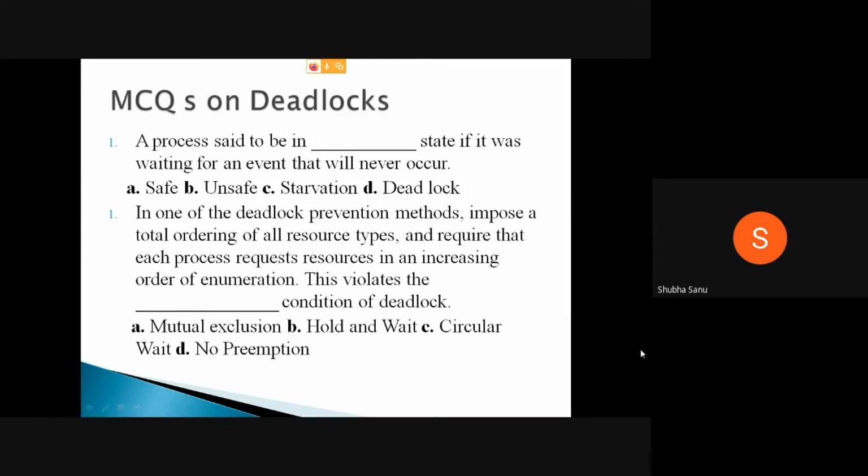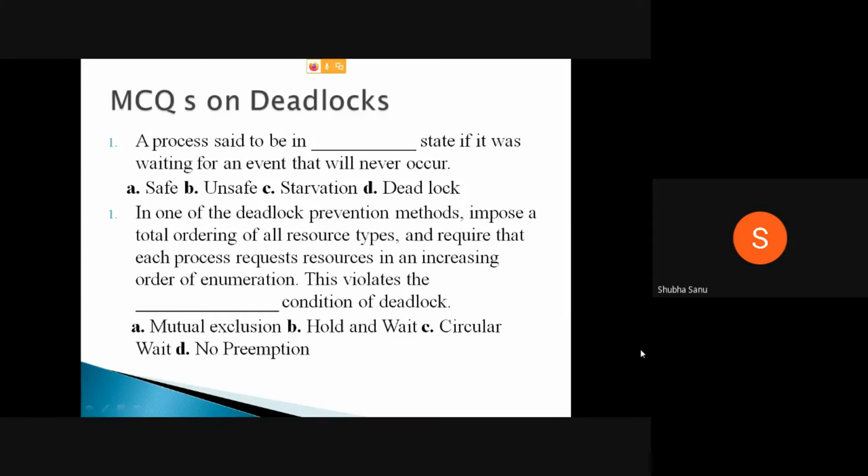The second one is, in one of the deadlock prevention methods, impose a total ordering of all resource types and require that each process requests resources in an increasing order of enumeration.